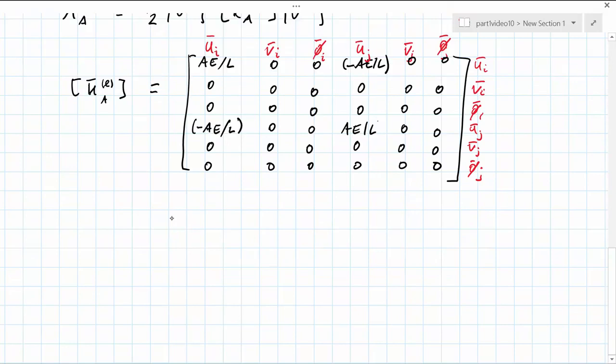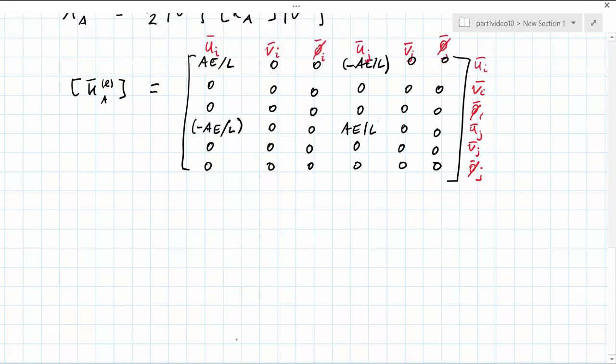And those degrees of freedom are simply the displacements that run parallel to the member X bar axis. The other displacements are accounted for by the bending contribution to stiffness.